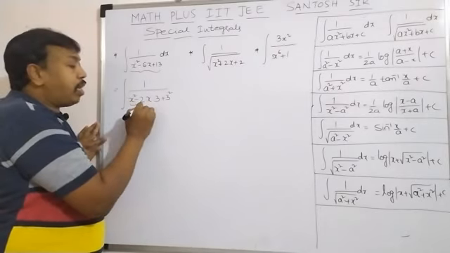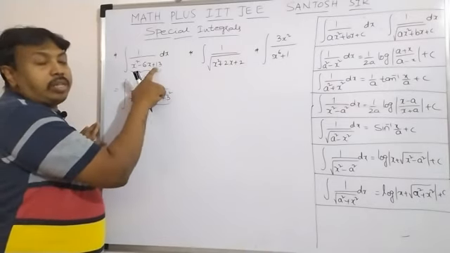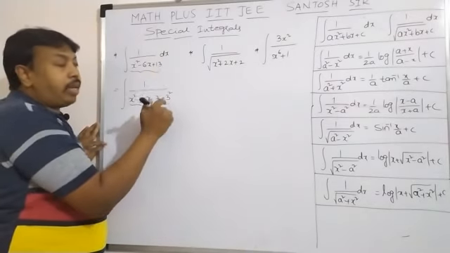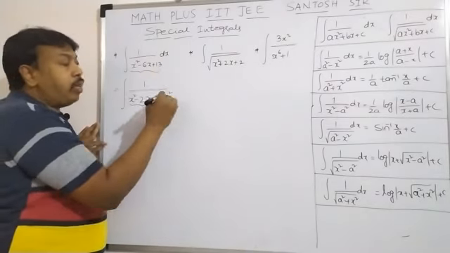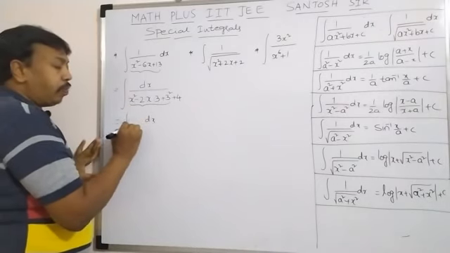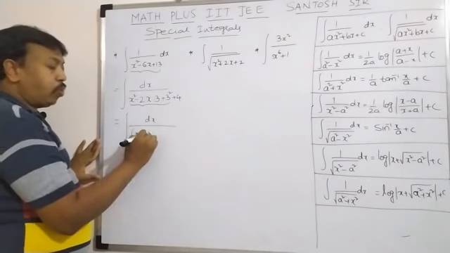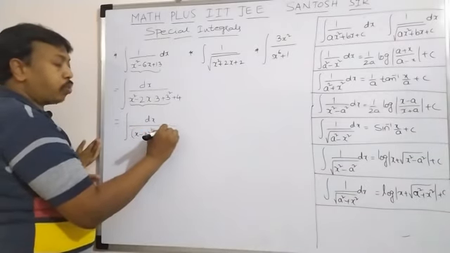This entire term becomes a completed square. See here, 13 is the constant term, but here it is 9, so the rest of the value is 4. Now dx upon this I am going to write as x minus 3 whole square plus 2 square.